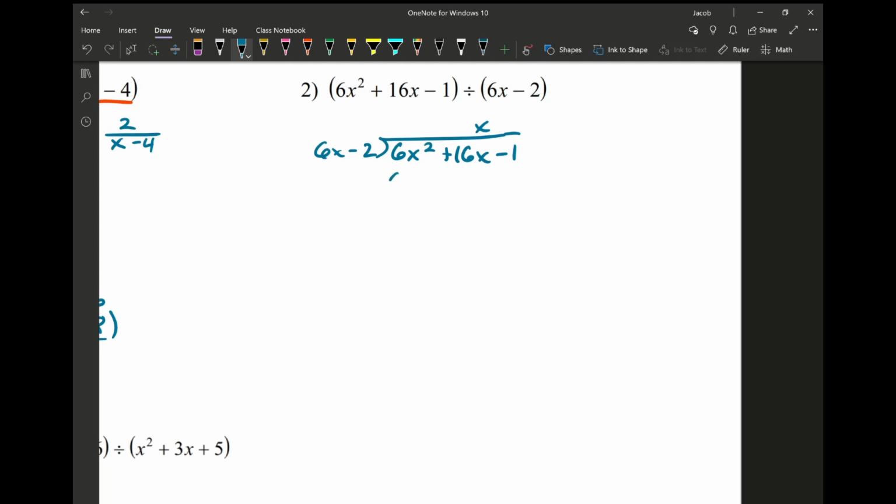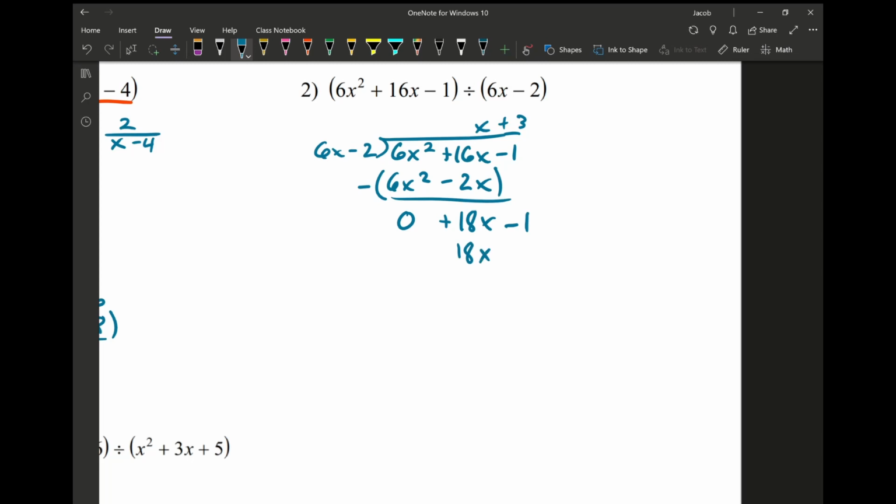So I've got 6x squared minus 2x. Okay. Subtract that. Plus 18x minus 1. Then I've got, what do I need to multiply 6x by to get 18x? I need to multiply it by 3.